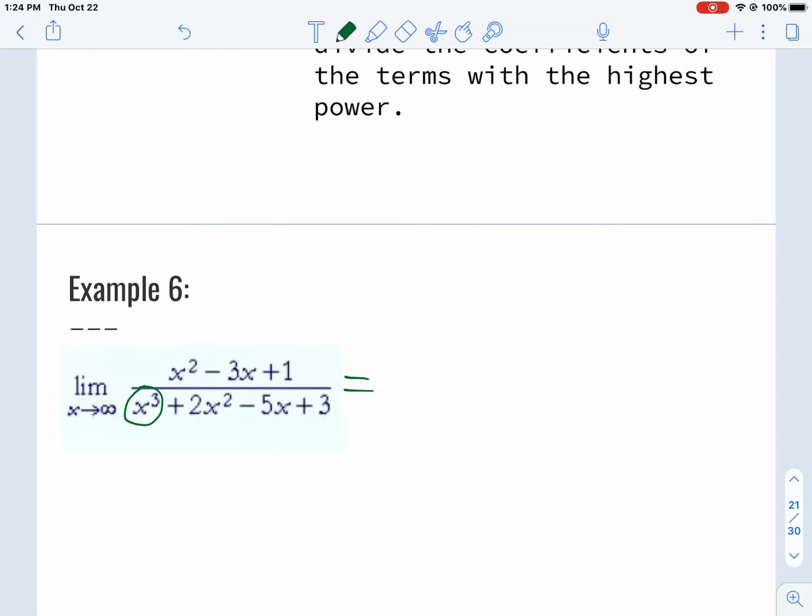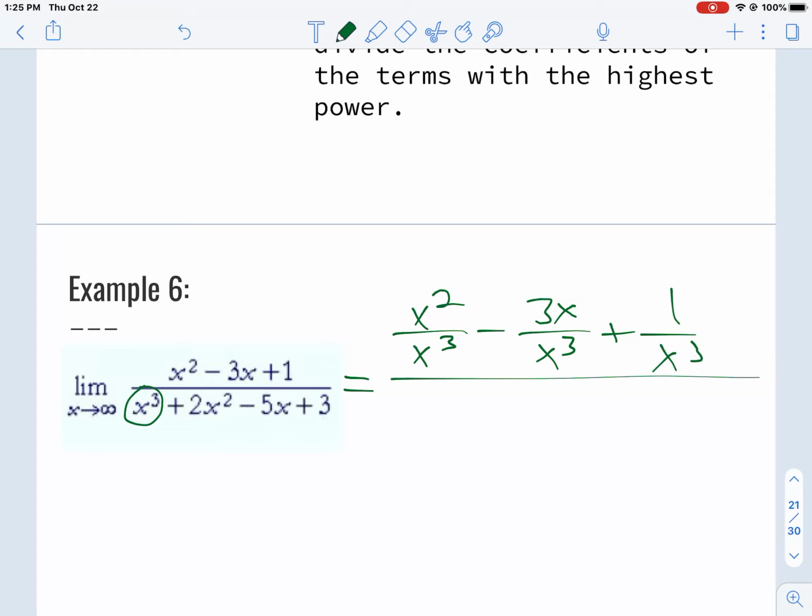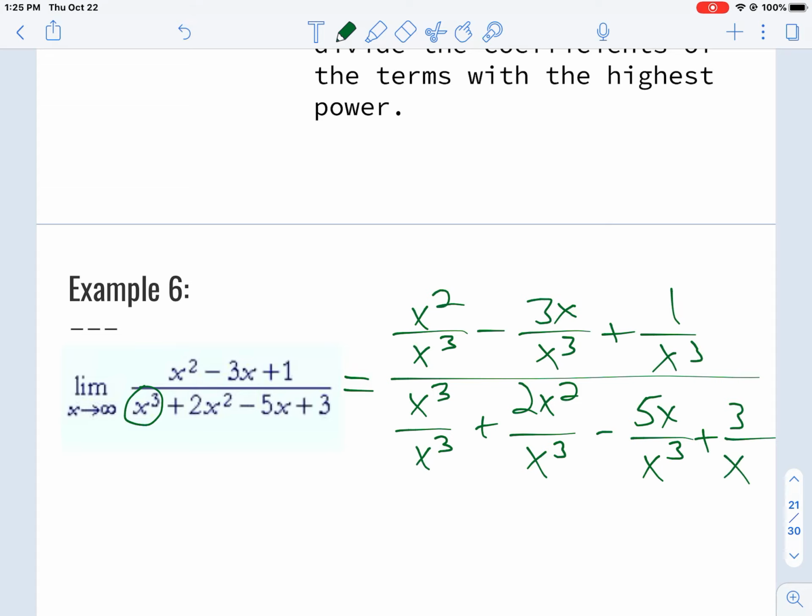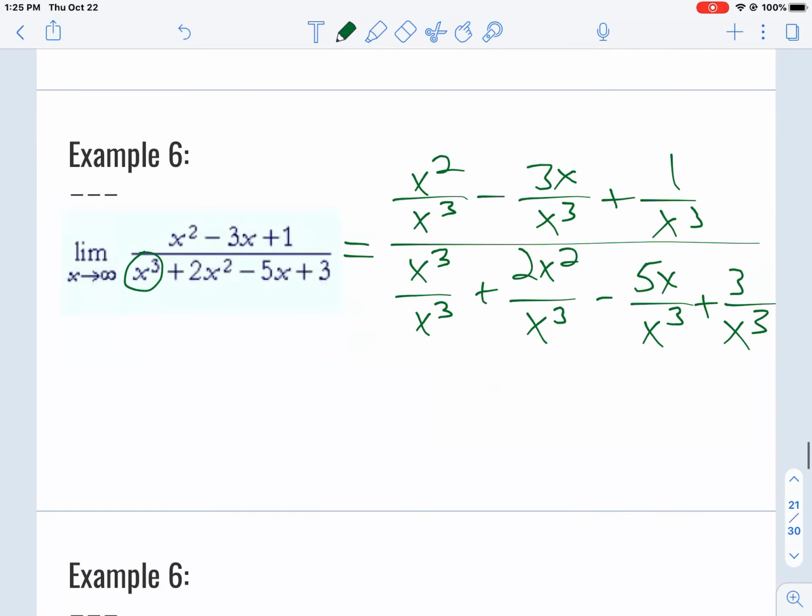So I'm going to divide the numerator by x cubed, and I'm going to divide the denominator by x cubed. Now remember, if you divide the numerator and denominator by x cubed, then you're really just multiplying by 1. So, to show what we're doing, you've got to divide every term by the highest power of x.